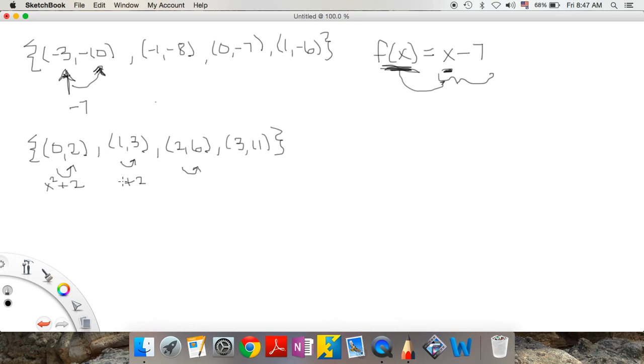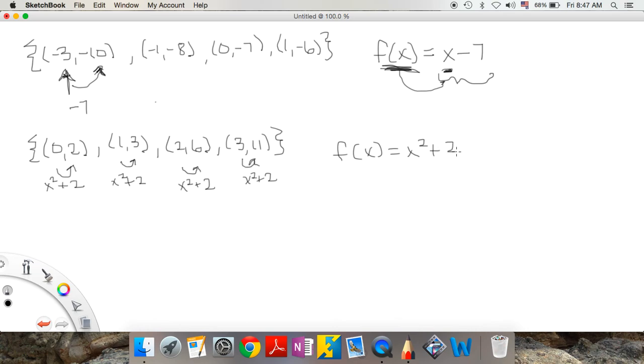So if we try squaring it, so we have 0 squared plus 2, that's still 2, and 1 squared plus 2, that's still 3. Well, let's see if it works at this one. We have x squared plus 2, so 2 squared is 4, plus 2 is 6, so that works. And then we have 3 squared, this is 9, plus 2 is 11, so we found it.